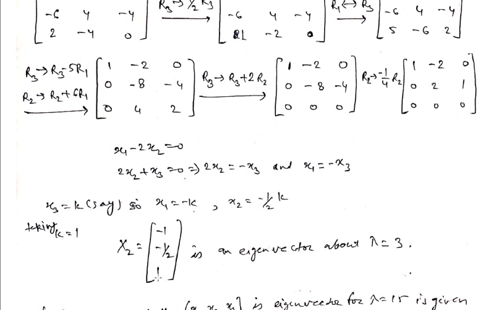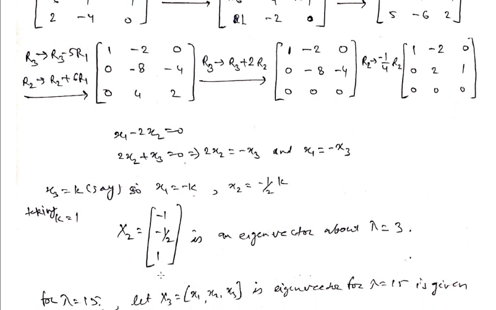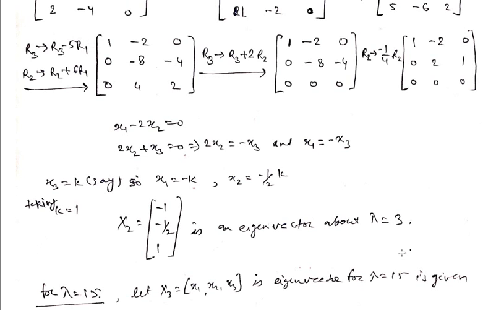Or in place of 1, if we choose minus 1, it becomes 1, half and minus 1. Or if we choose 2, it becomes minus 2, minus 1 and 2. So this X2 is an eigenvector for eigenvalue lambda equal to 3.